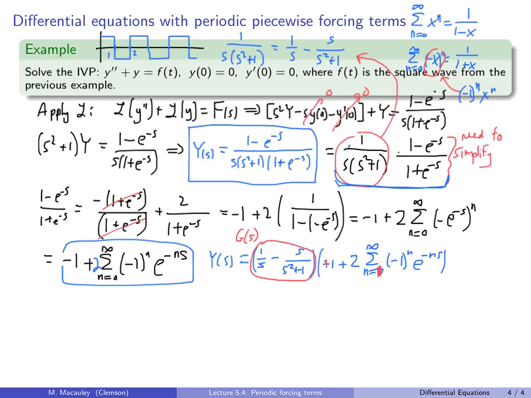That's going to make things a little bit easier, because now we have y of s is, again, I'm going to multiply g of s times 1, and then g of s times this. So that's going to make this g of s plus 2 times this sum, n equals 1 to infinity, e to the minus ns times g of s. So I'm going to put that g right here.